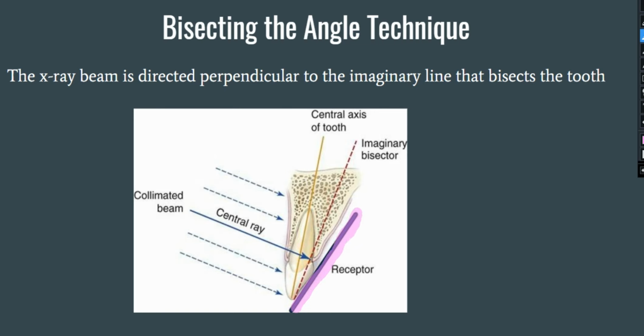This pink line is the receptor, whether it's the sensor from a digital film or your traditional film. And right here, where I am putting this blue X, is where the receptor and the tooth come into contact with each other. This is creating your first angle.